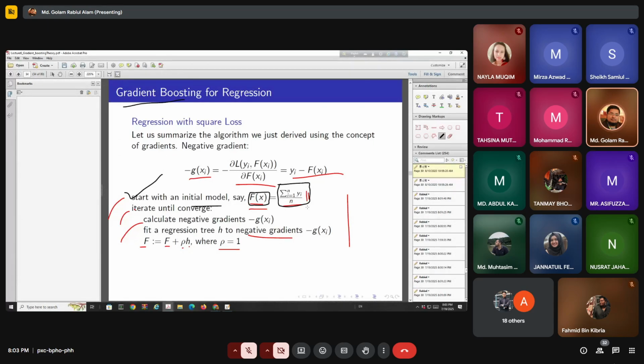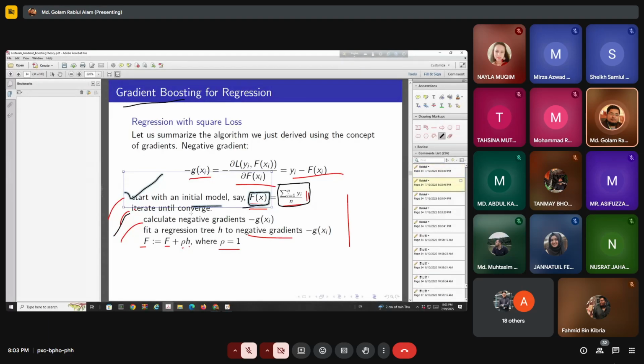This is a very simplistic way to predict the numeric value. This is the initialization.